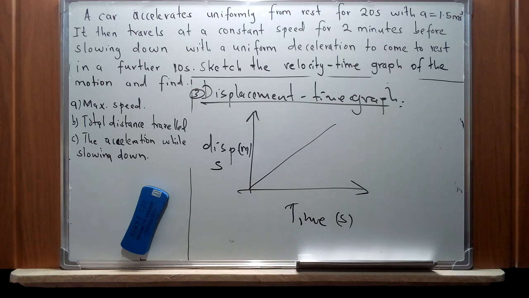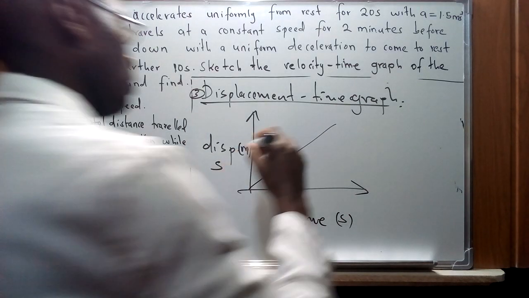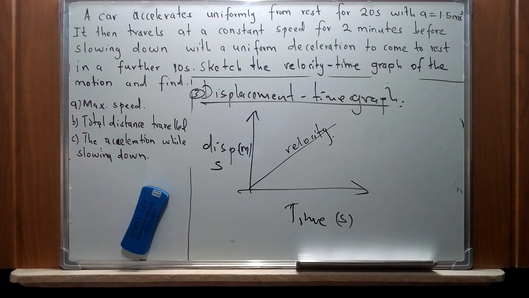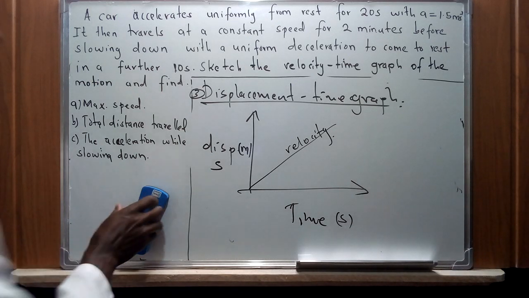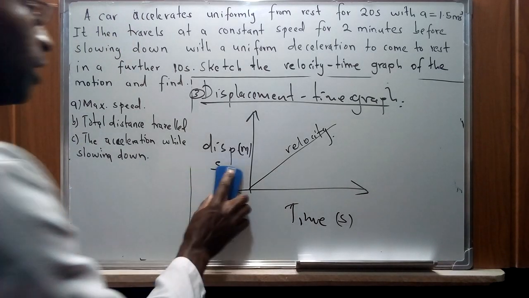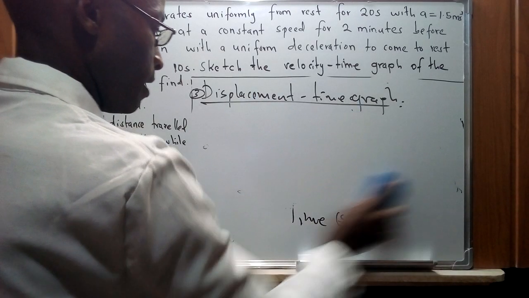So for a displacement time graph, the gradient or the slope represents what we call velocity. That is, displacement over time gives velocity. So in that case, that is a constant velocity. Of course, there's a graph already given for the velocity time graph, which had an exponential nature. It just curves sharply.